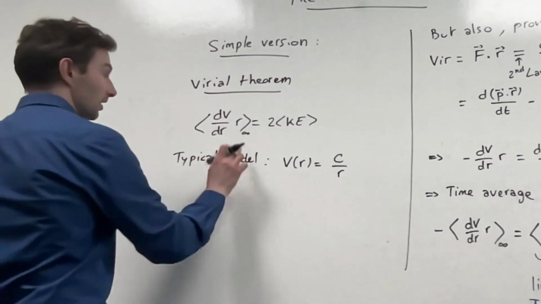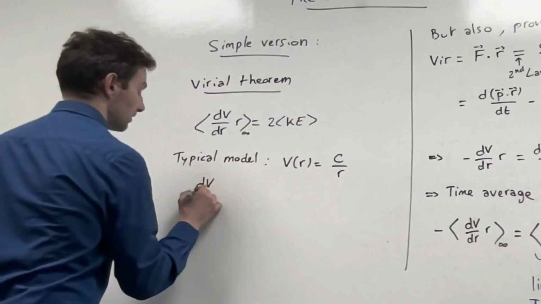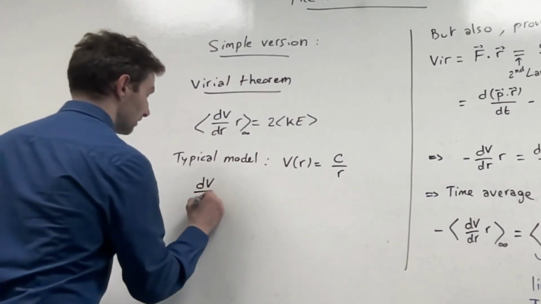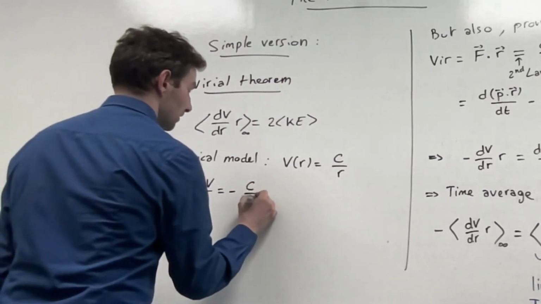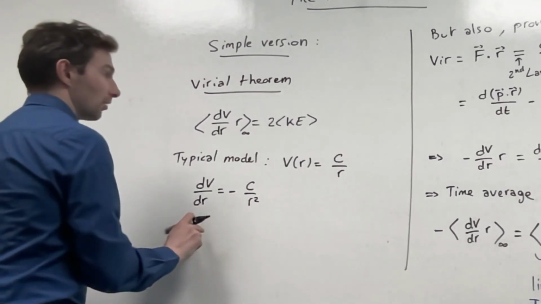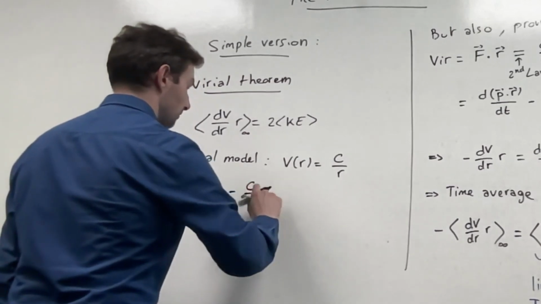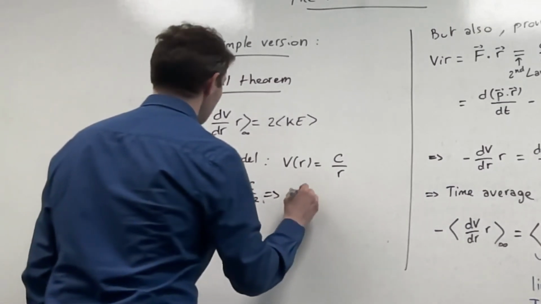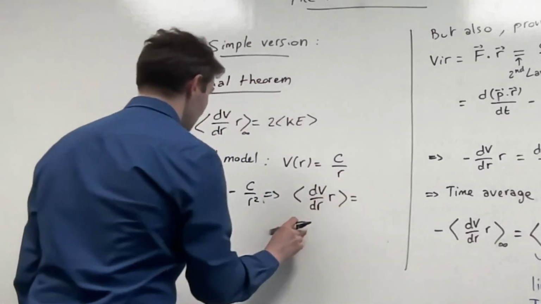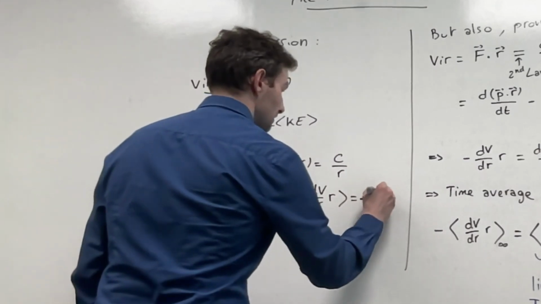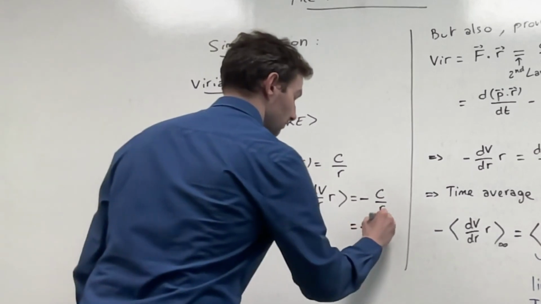So in that case, dV/dr is equal to minus C over r squared, and then multiplied by r, you get that dV/dr times r becomes minus C over r, which is actually minus V of r itself.